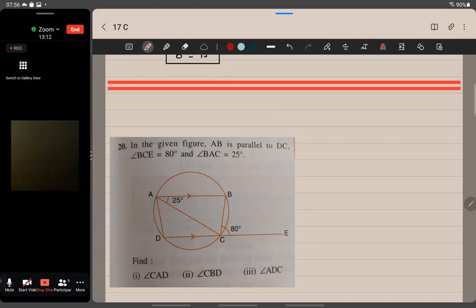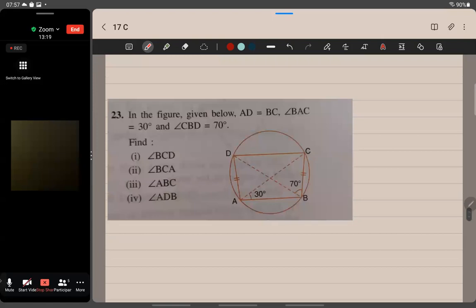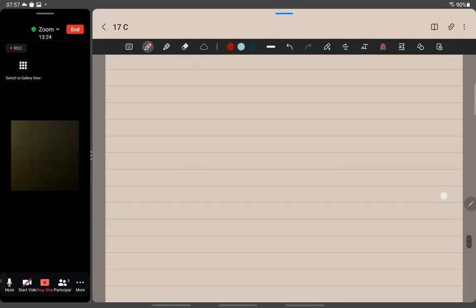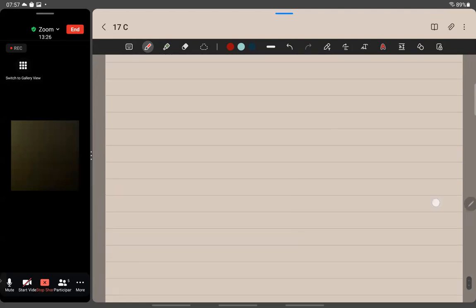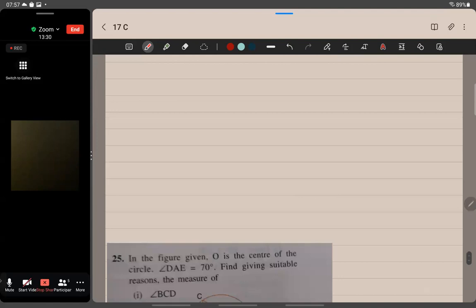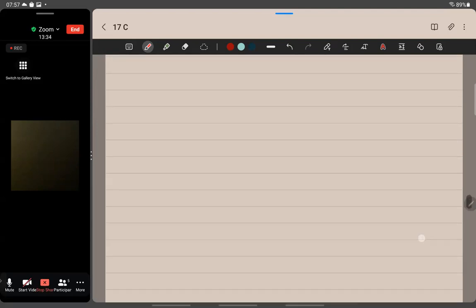Okay. We will also just do one sum, then we'll leave. And how many sums are there now in this? I think next lecture we will complete this. 25 sums are there, no? Means more 3 or 4 sums will be remaining.